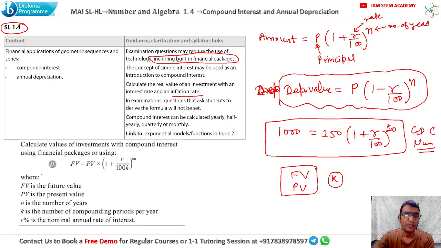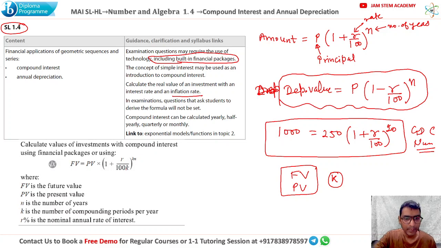In that case, the final amount is given by present value times 1 plus R over 100 times K, raised to the power K times N, where K is the number of compounding periods per year, FV is the future value, PV is the present value, N is the number of years, and R is the annual rate of interest.